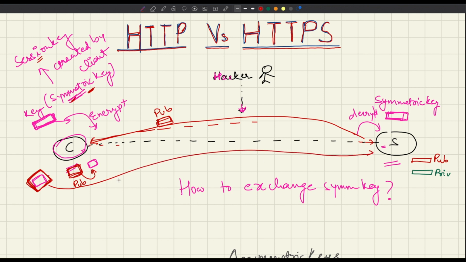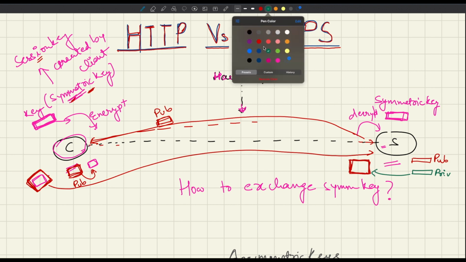Now what server can do is decrypt. Server is going to receive that box, the symmetric key, which is encrypted using server's public key. Now because server has its own private key, using this private key, server is going to decrypt the symmetric key that was sent by the client, and then server can take that out.